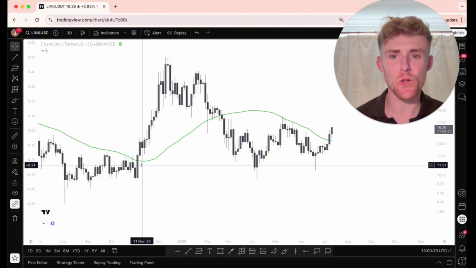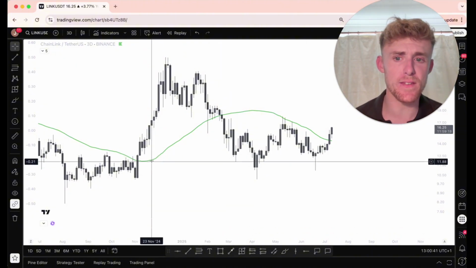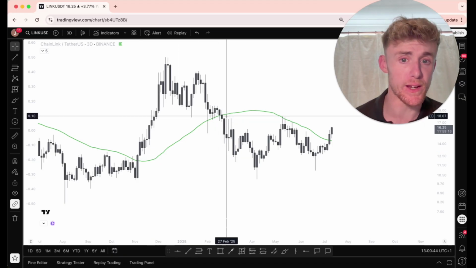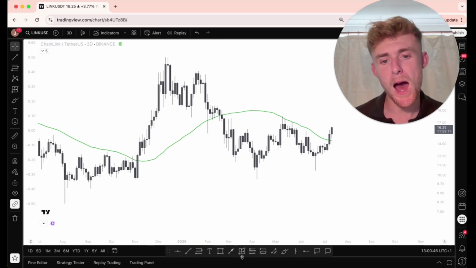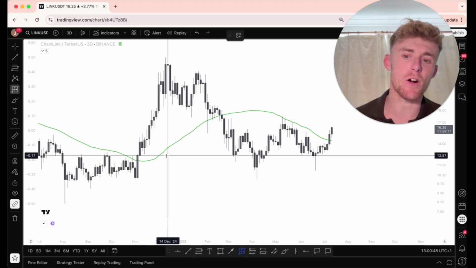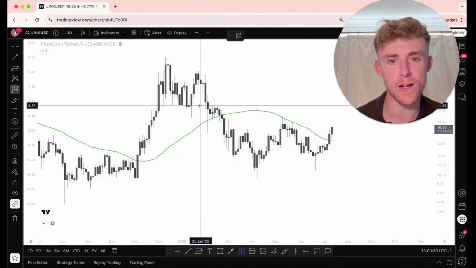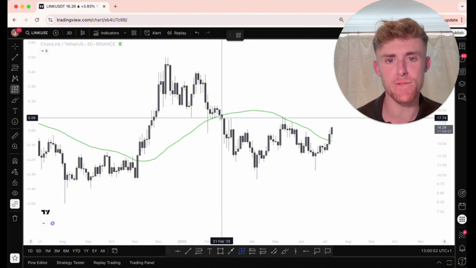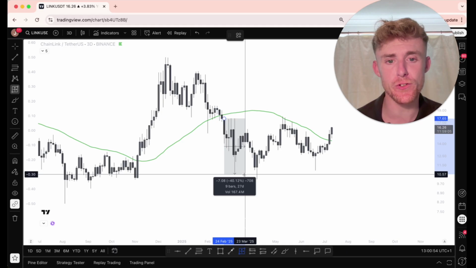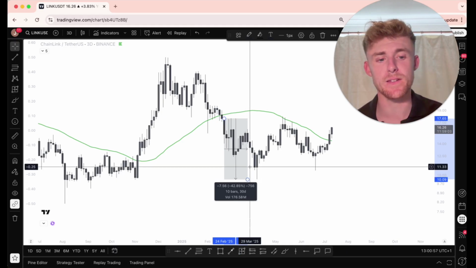Because what you can use for this, guys, is that whenever you see the candle close back below this green line, that's your invalidation. If you do this, it would have kept you out of, say you bought here in November of 24 and you sold here in February, once you got that close below, you saved yourself from a 42% loss.